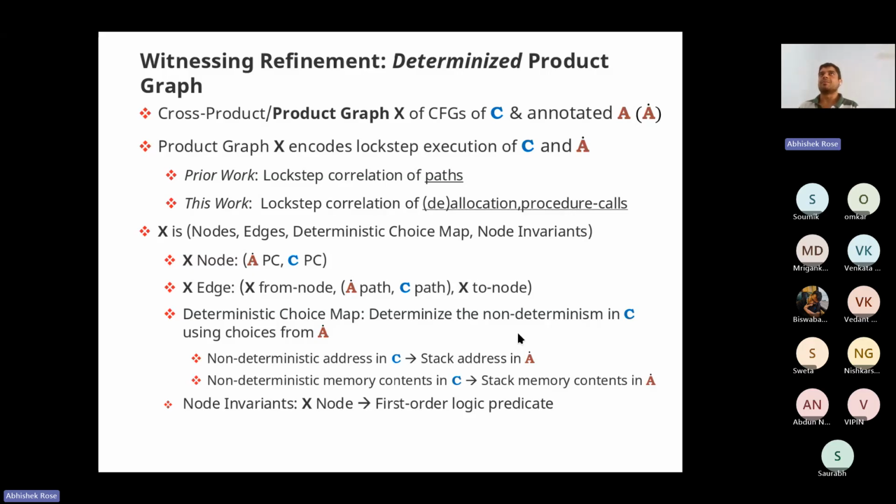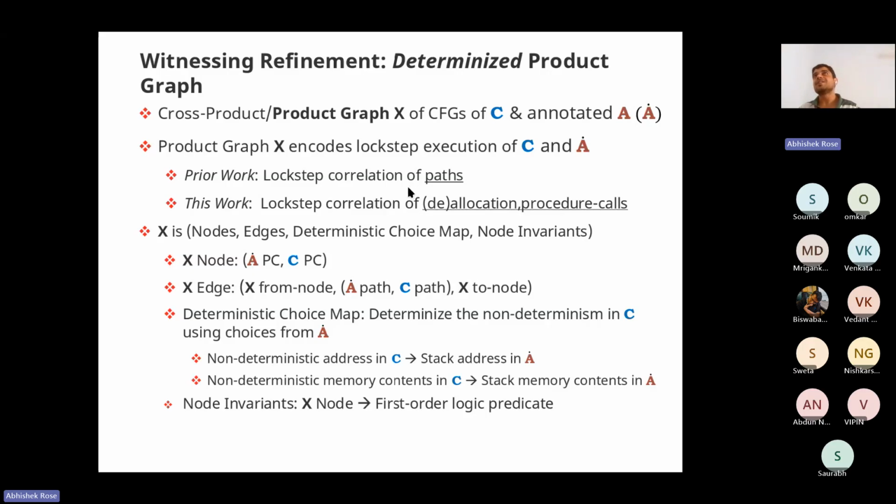A product graph essentially encodes a lockstep execution of C and A. You have these two procedures which are executing instructions one by one. The product graph says that this path in C is correlated with this path in A, so that a single execution of a product graph edge corresponds to lockstep execution of these paths, right?